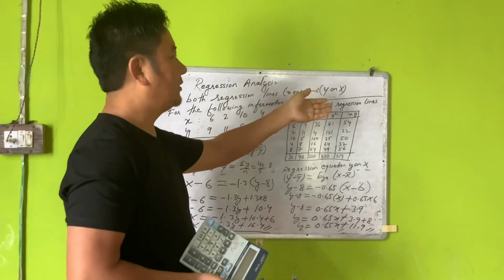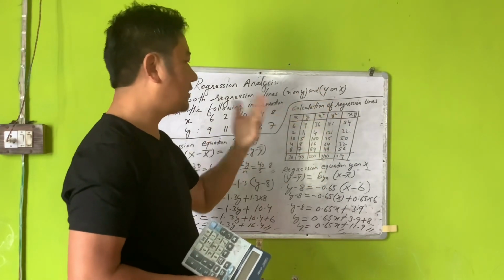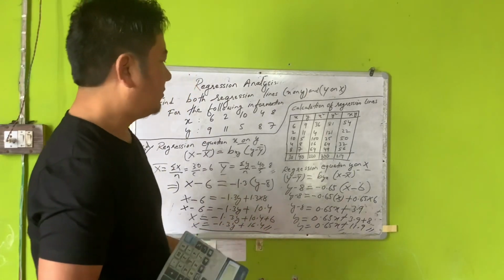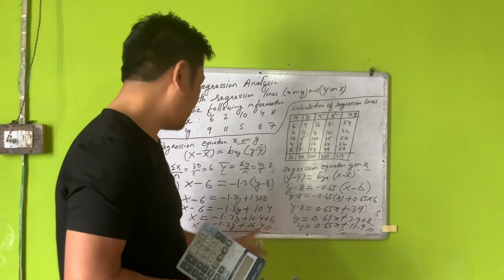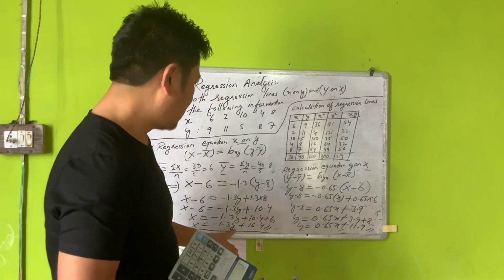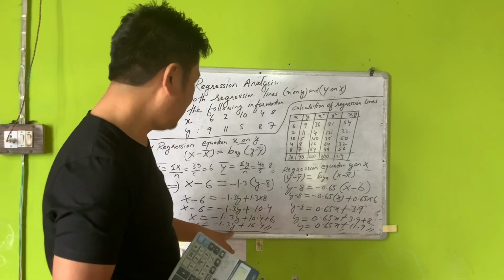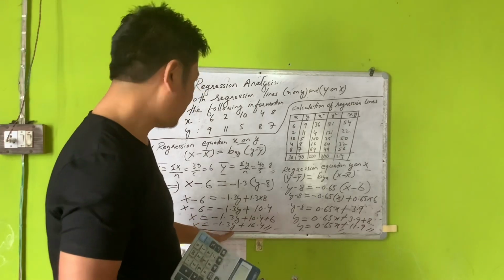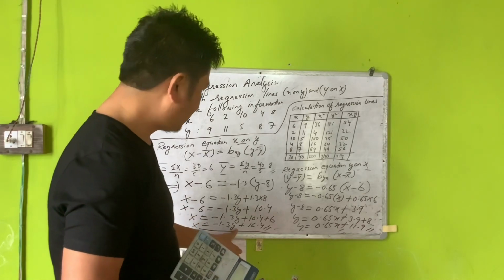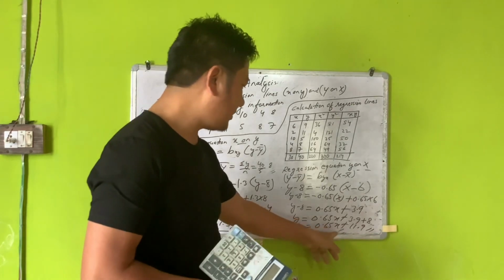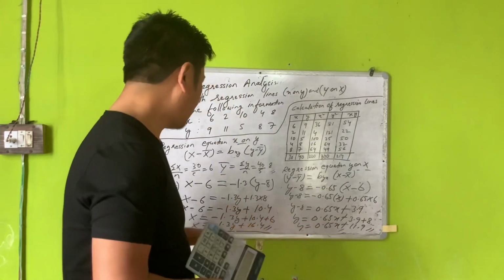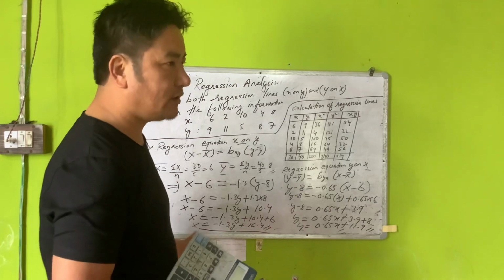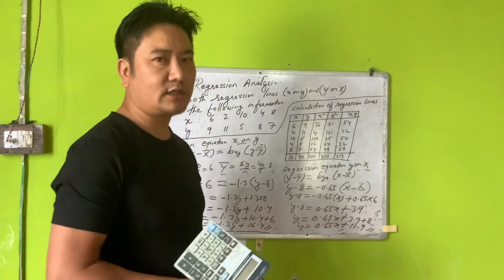Or if the value of y is this, then what is the value of x? You can simply put the value of x and get the value of y. Here also you can simply put the value of y if given. In this way you can solve regression lines.